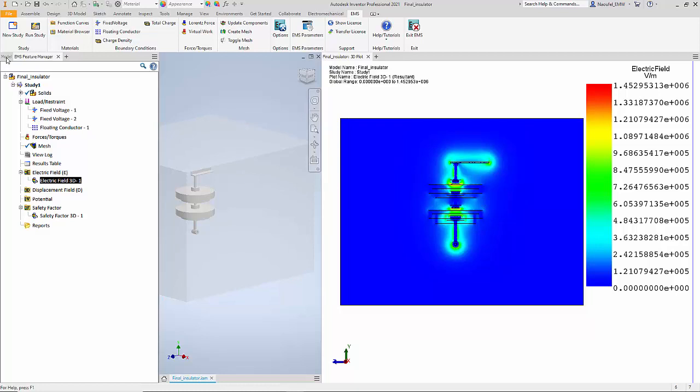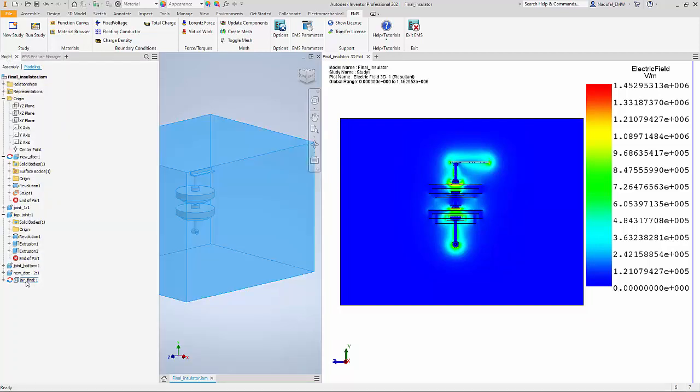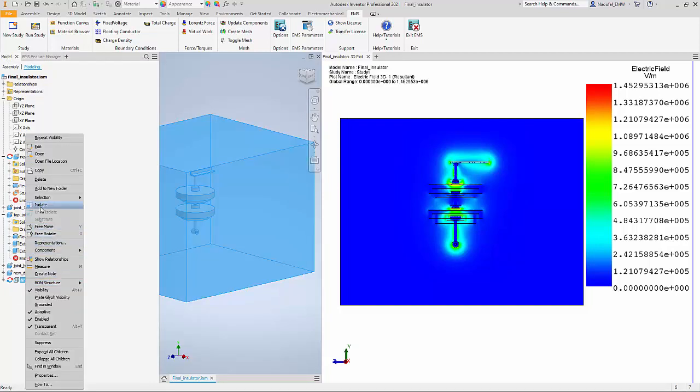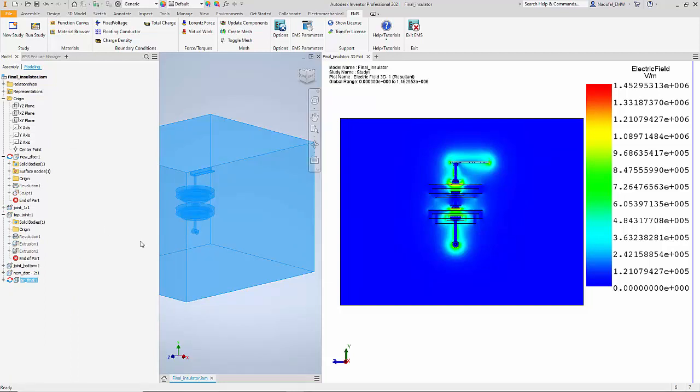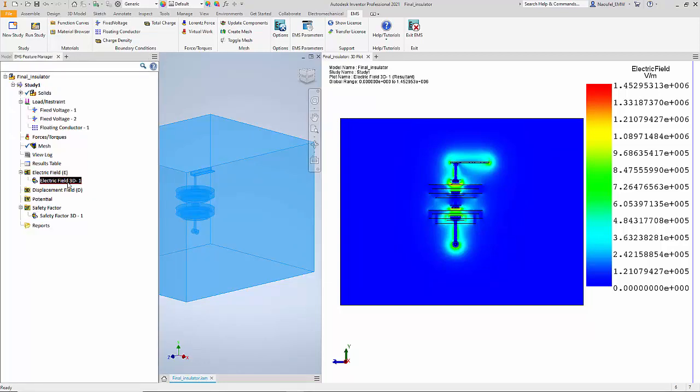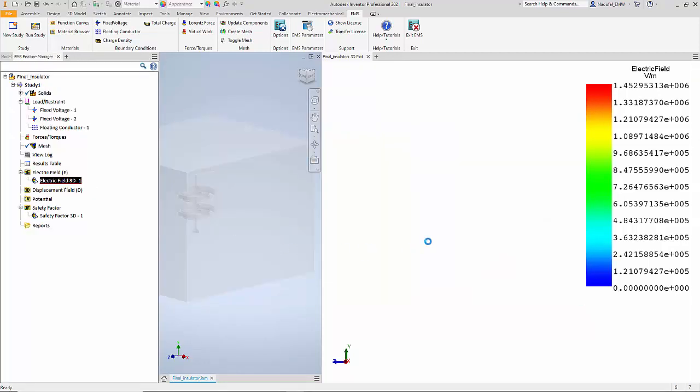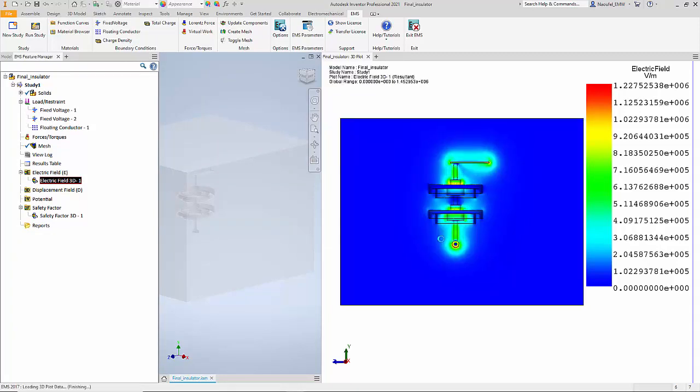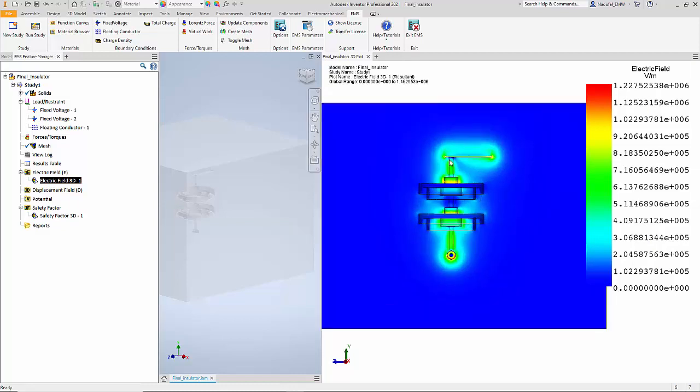Now, another thing we can do is isolate the air and look at only the air. I go back to EMS and double click on the electric field plot. Now, this will hide all the solid components and we are able to only look at the electric field distribution in the air region.